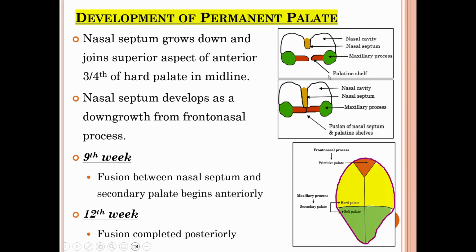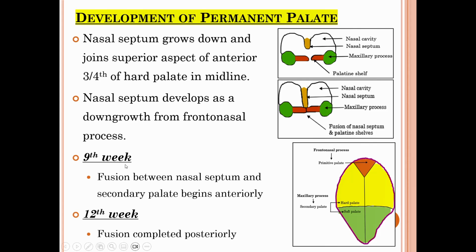Here we see the two palatine shelves going towards each other, and they have fused here. At the same time, the developing nasal septum, which arises from the frontonasal process, grows down and joins the superior aspect of the anterior 3/4 of the hard palate in the midline.